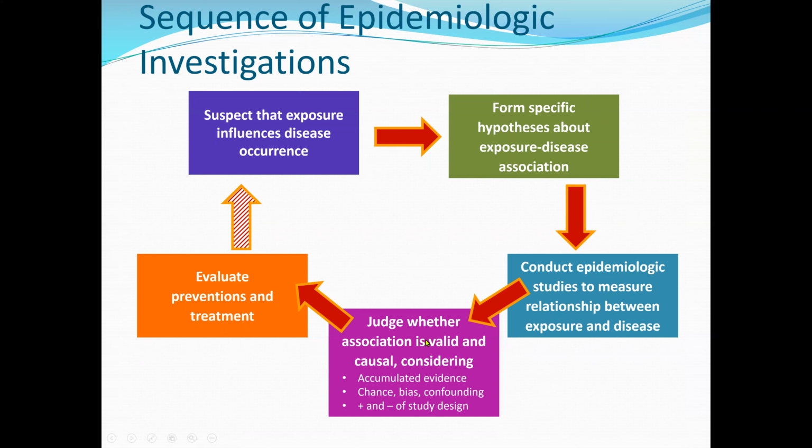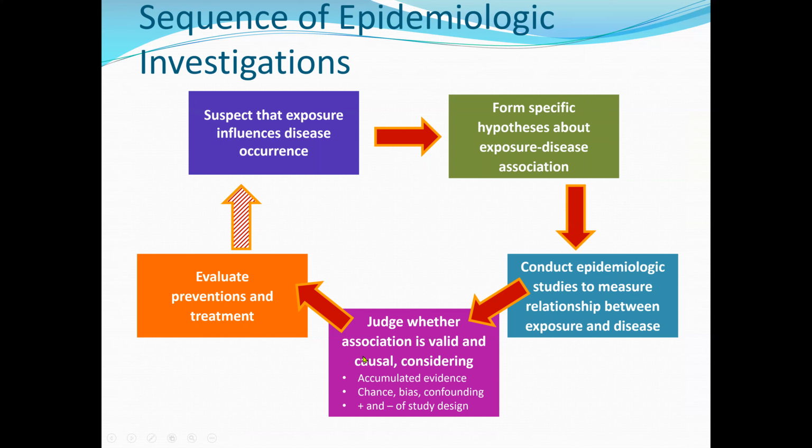Sometimes we may have an association, or relationship, between two variables, the risk factor and the outcome, but that may not be the cause. Maybe there is a confounding variable or some modification effect, etc. So here we need to accumulate evidence, and there may be chance, randomness, bias, and confounding.